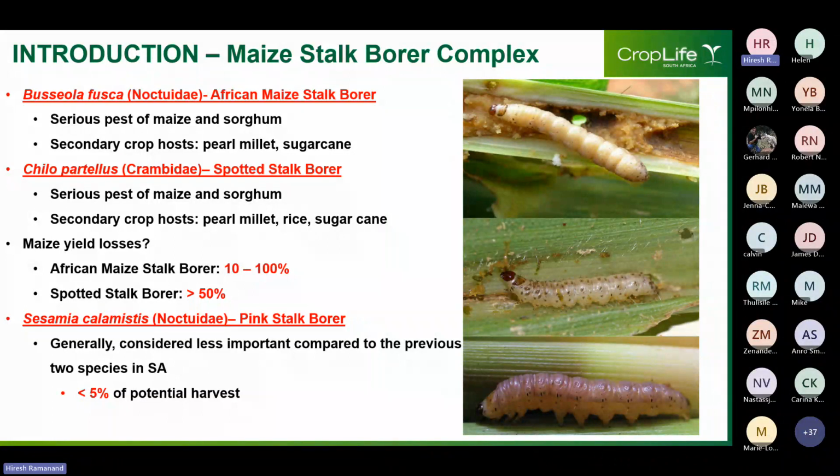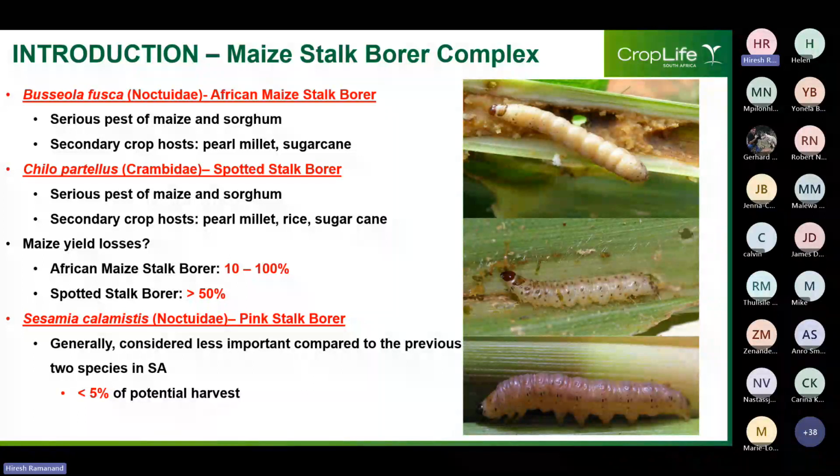In southern Africa, the highest infestation levels are generally found late in the season. In the Eastern Cape province of South Africa, Sesamia calamistis infestation levels of up to 75%, with as much as 13 larvae per plant, have been reported. Surveys conducted in other African countries have shown that losses associated with Sesamia calamistis account for less than 5% of potential harvest.